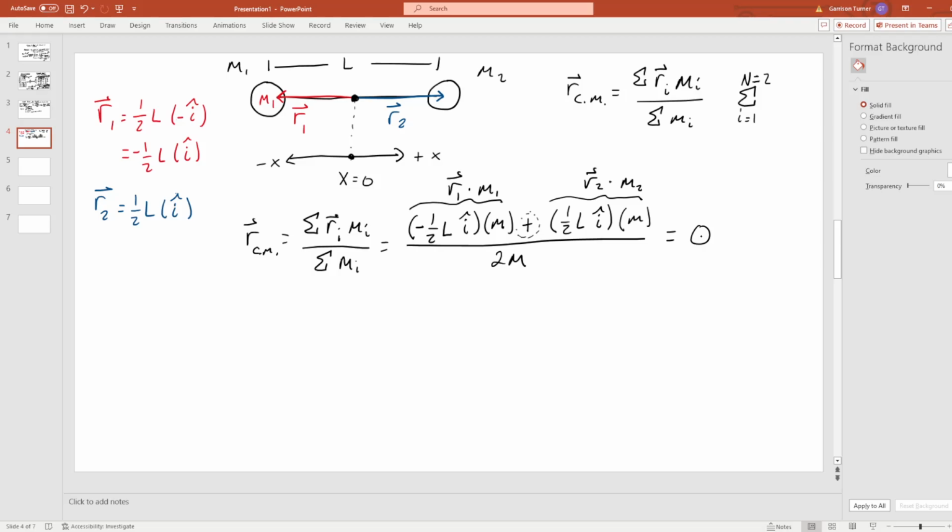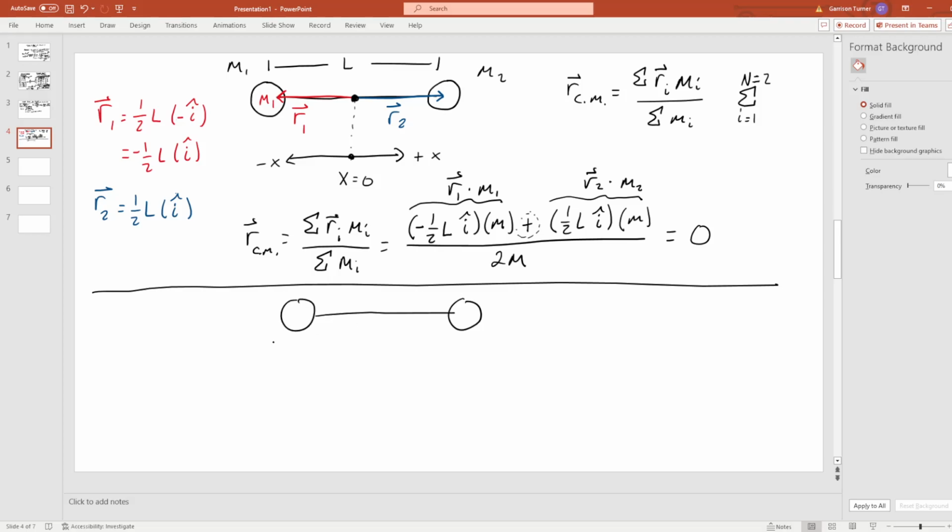But what will we get if we translate the coordinate system to, let's say, let the origin lie right on m equals 1? So now where is the center of mass going to be?